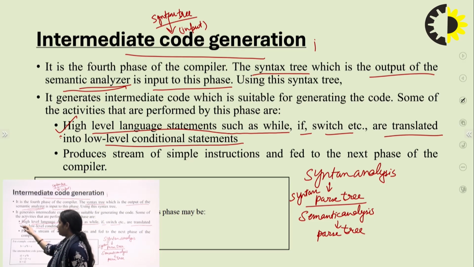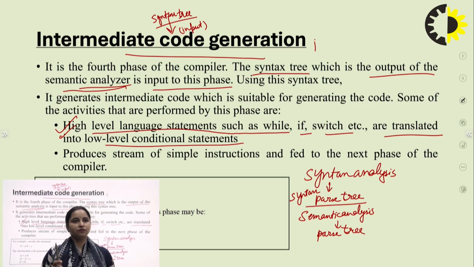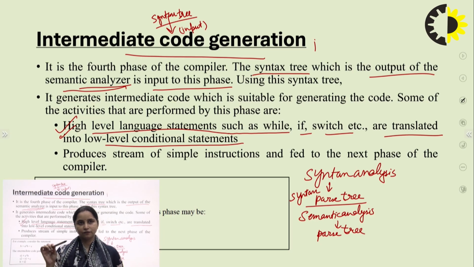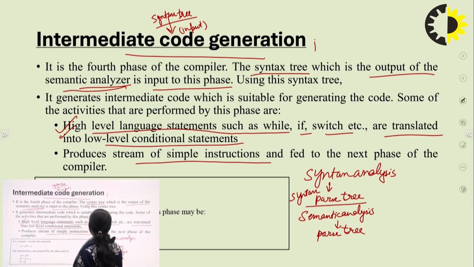So the first point to remember is that the input we receive from the semantic analysis phase is a syntax tree, and the job of intermediate code generation is to convert the high level statements like while, if, switch to low level conditional statements, and then produce a stream of simple instructions and feed them to the next phase of the compiler, which is code optimization.